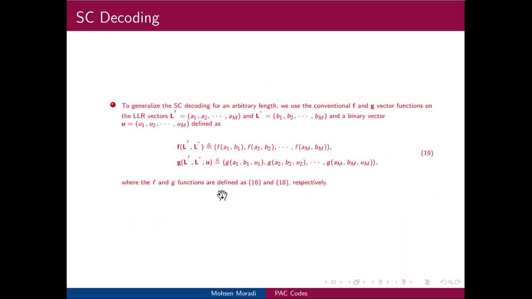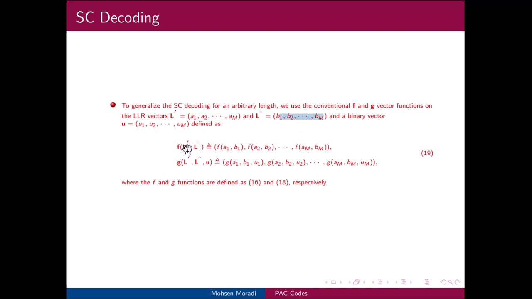To generalize the successive cancellation decoding for any block length n, which is a power of 2, we need two functions over vectors, f and g. The first vector a1 to am, call it L prime, and the second b1 to bm, L double prime.